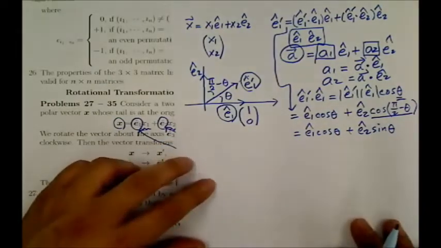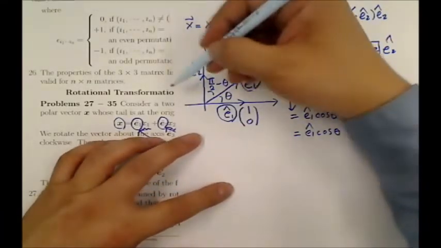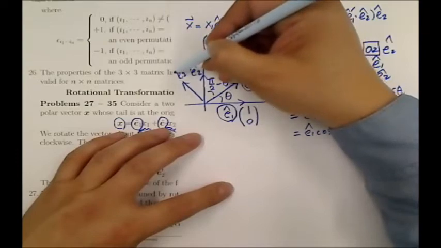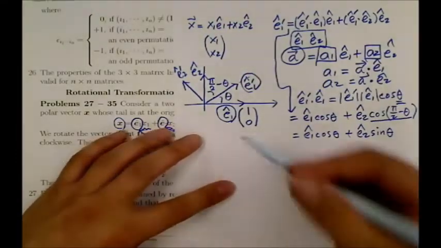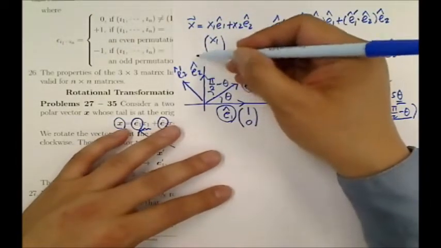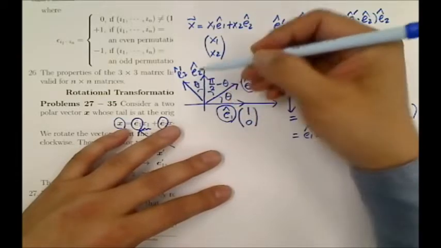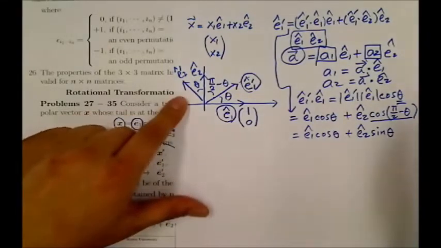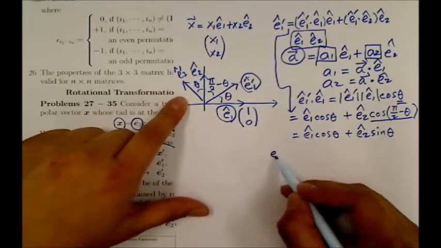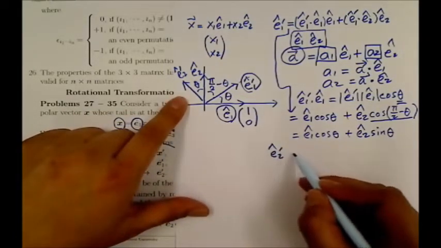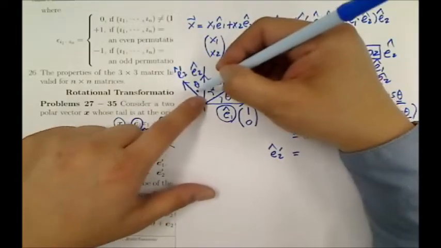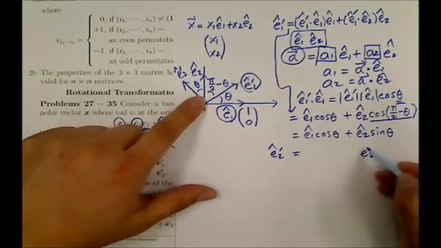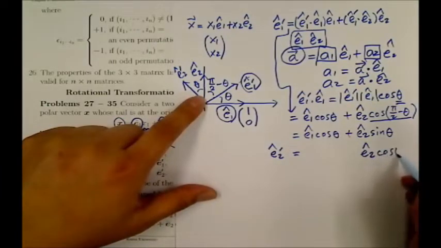In a similar manner, I can find the new vector E2 hat prime, which can be obtained by rotating E2 hat by an angle of theta about the z-axis. The result is E2 prime has angle theta with respect to E2, so I have cosine theta here.